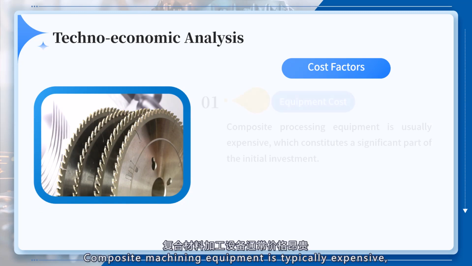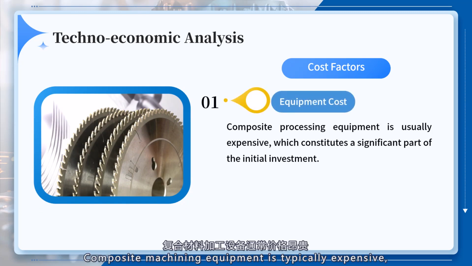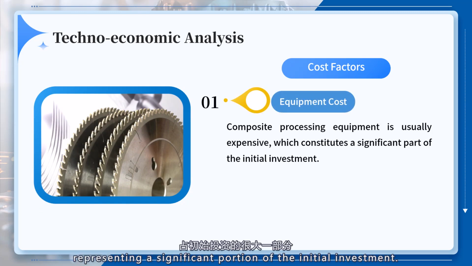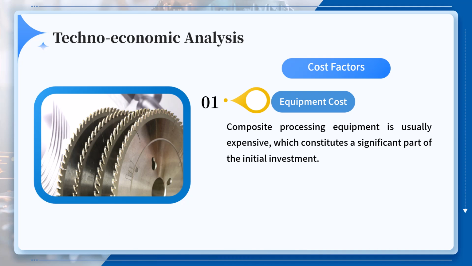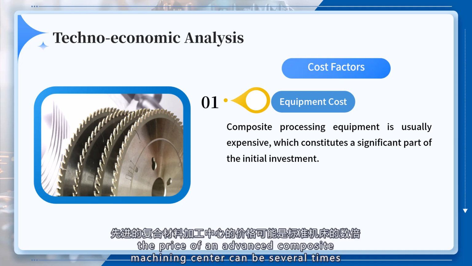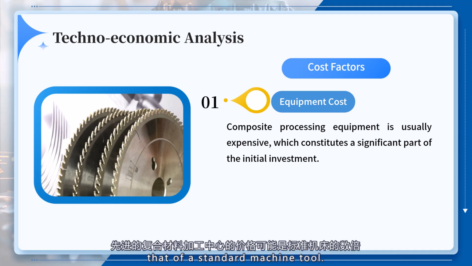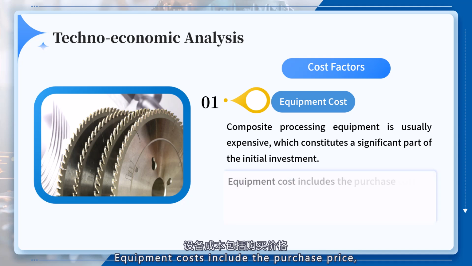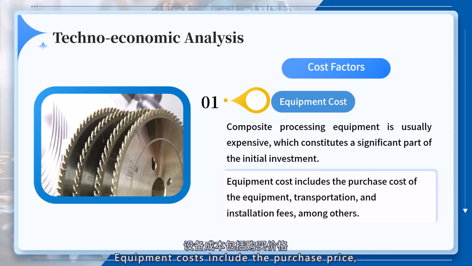Equipment cost. Composite machining equipment is typically expensive, representing a significant portion of the initial investment. For instance, the price of an advanced composite machining center can be several times that of a standard machine tool. Equipment costs include the purchase price, transportation, and installation fees.